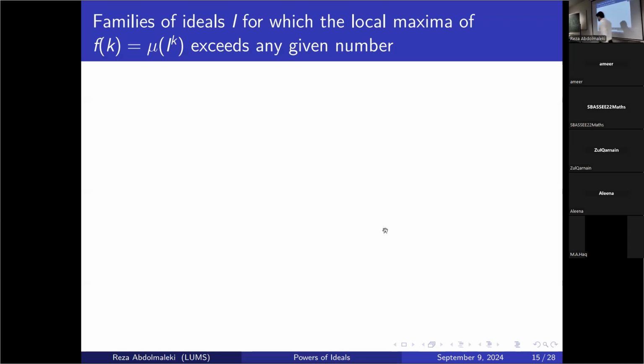Okay. Now we have the local maximum in N on W. The next step is that we will look for more local maxima. Is it possible to have more than one? We say yes.